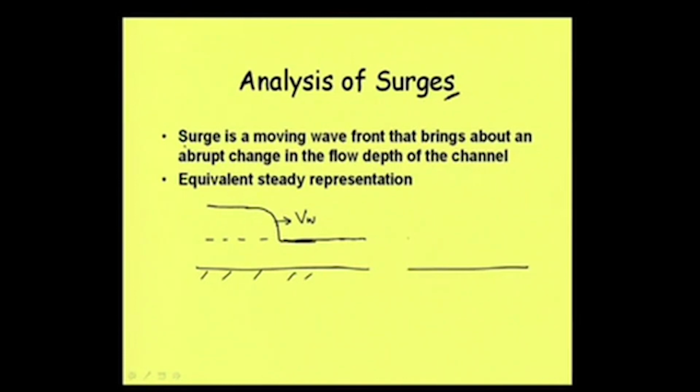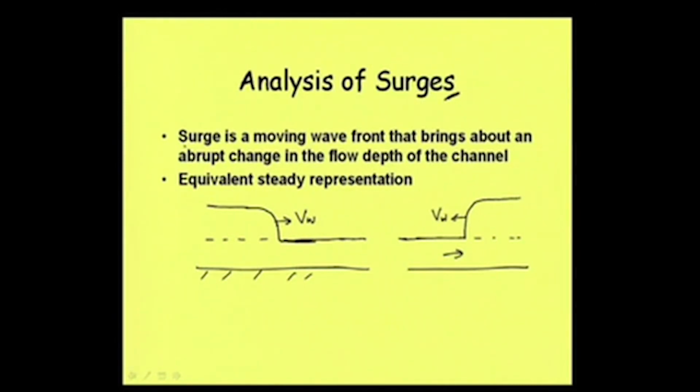Say your water level is here, and water itself is moving in this direction, and somehow due to closure of a gate, you have suddenly closed the gate, so the water level here is rising, and then the wave can be moving in the opposite direction also. This is a wave moving upstream, and this is a wave moving downstream.